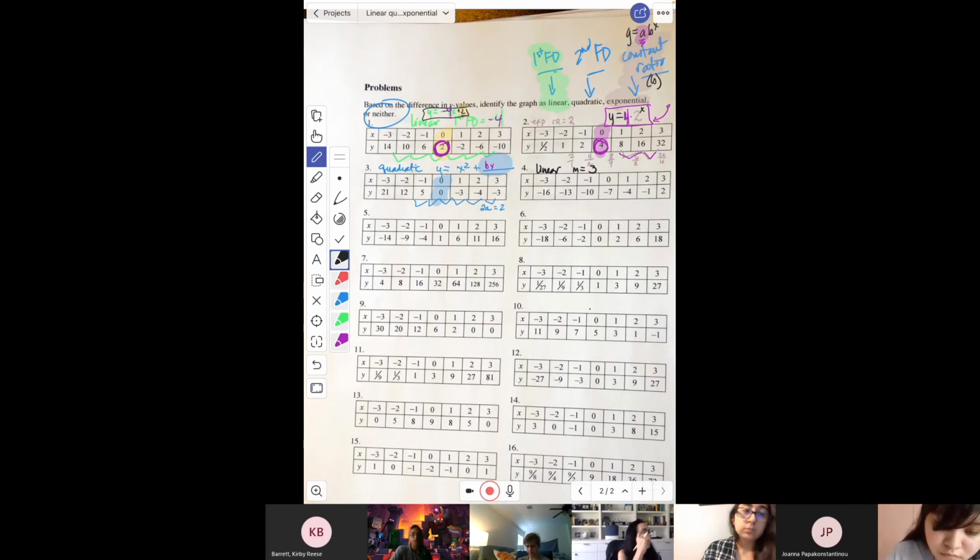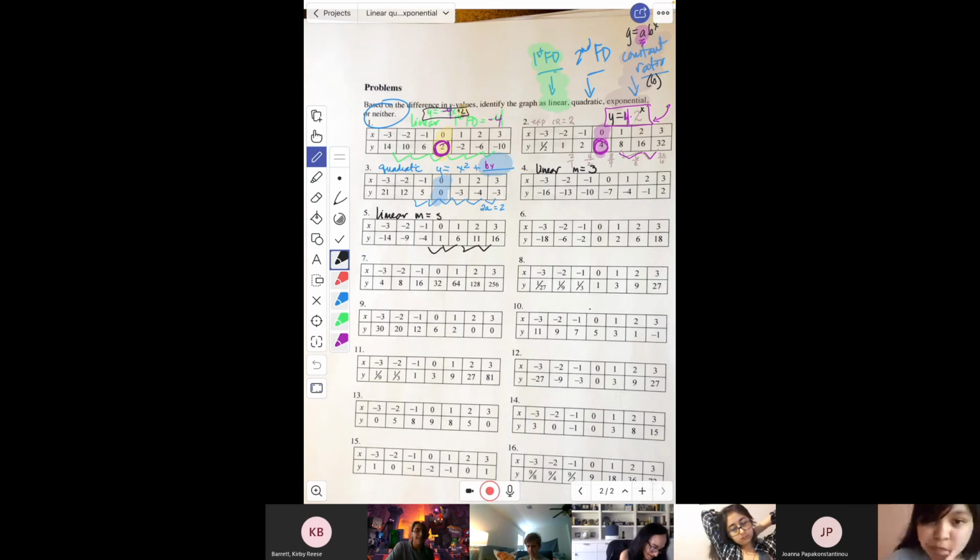Number 5, linear, quadratic, or neither? Linear. And what was your slope? 1? Did we get slope to be 1? If I subtract? Oh, no.